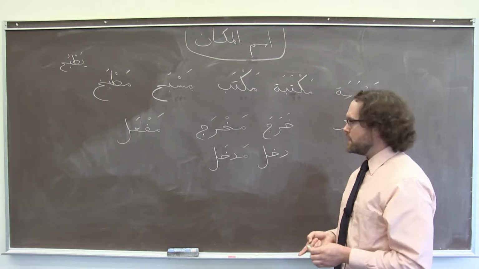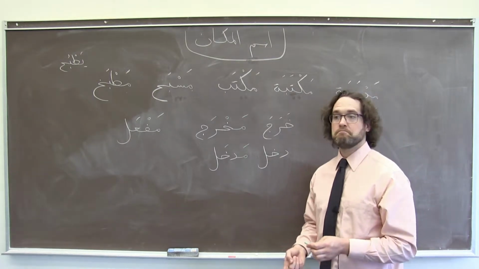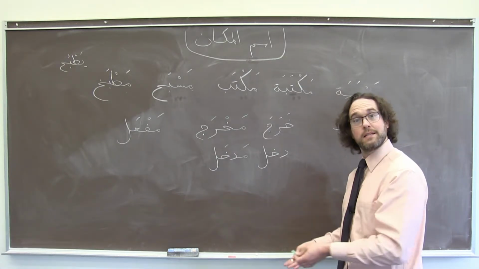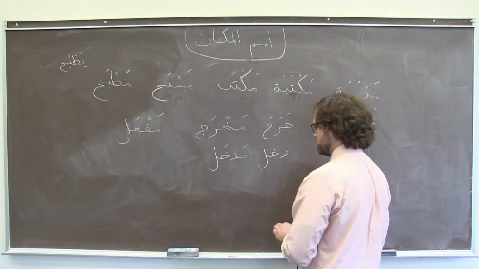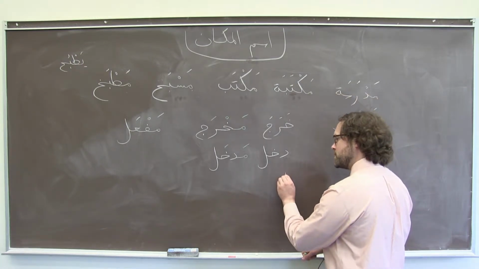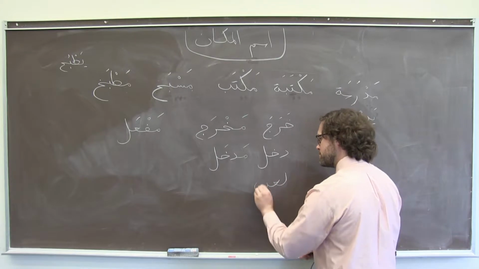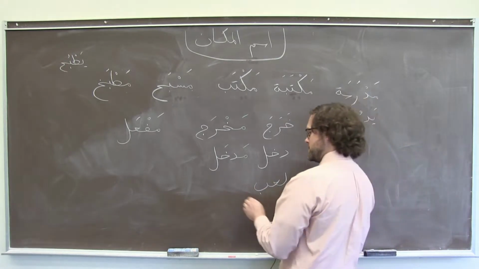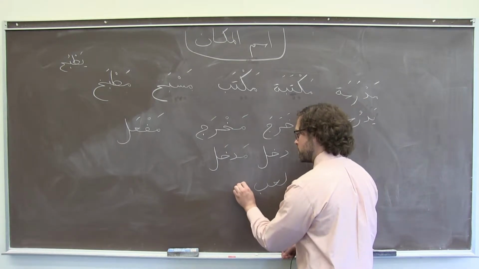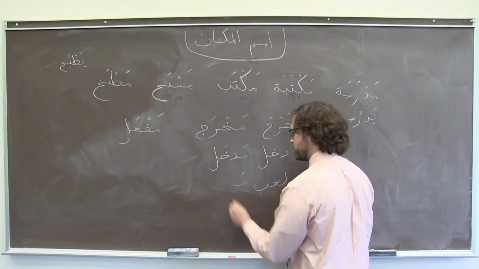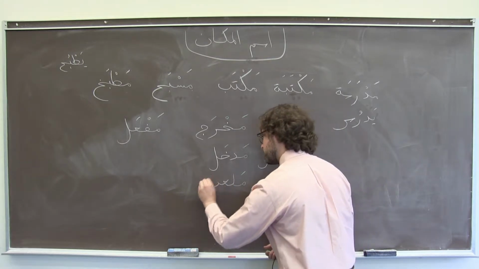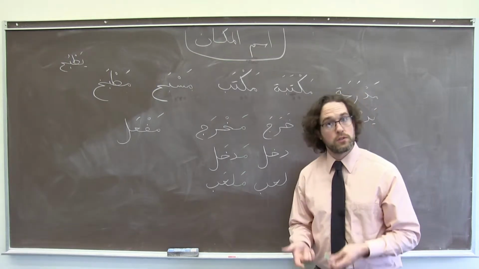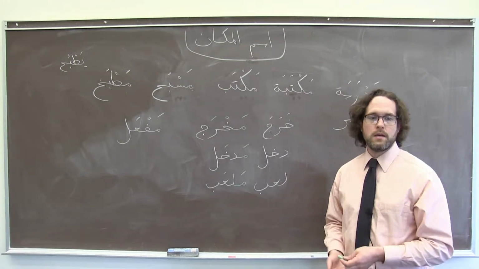One more example, if we want to play soccer or basketball or tennis or another sport, we need a place to play that game. So we take the verb for play, la'aba, and we apply the same template exactly and wind up with mal'ab, which maybe we could translate as a court, a basketball or soccer or squash court.